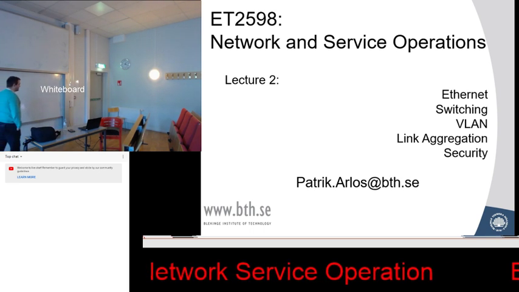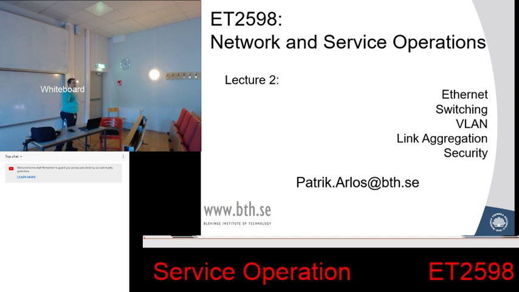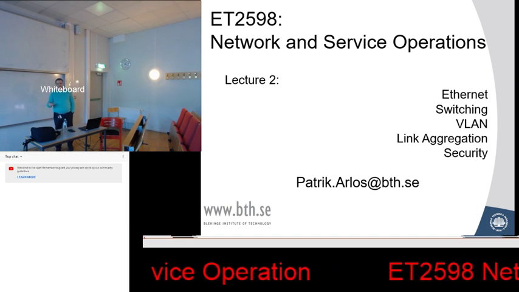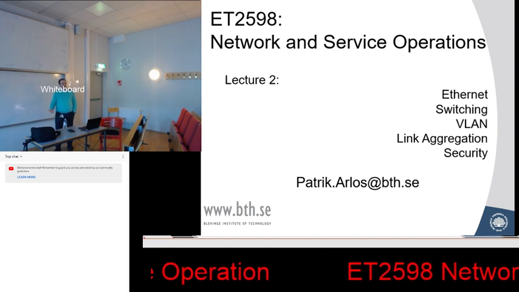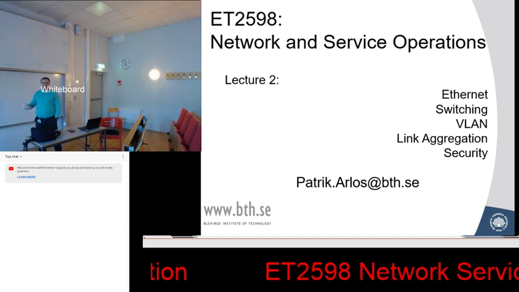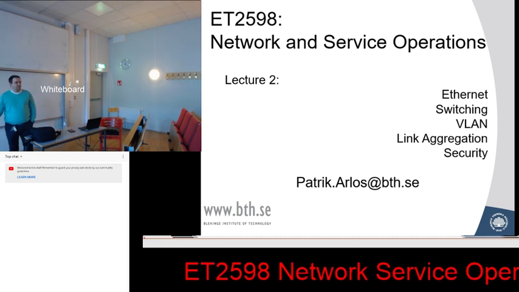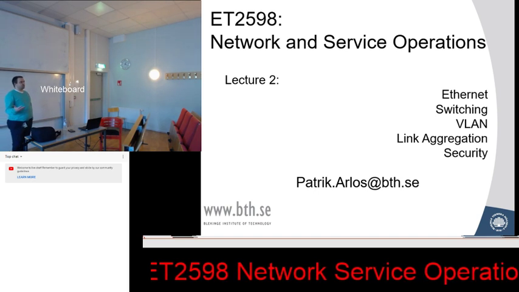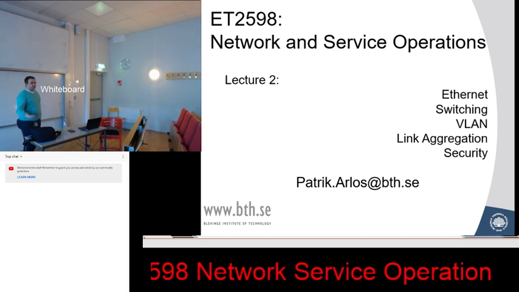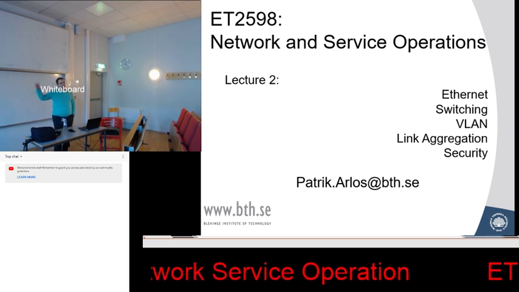I'm a very basic, fundamental guy, so I like to start things at the bottom. As I understand, many of you have electrical engineering backgrounds, so starting at the lower layers makes sense. We're not talking about signaling, how the electrical or optical signals are transmitted, but this is on layer 2.